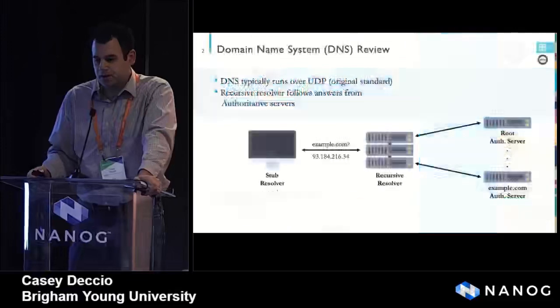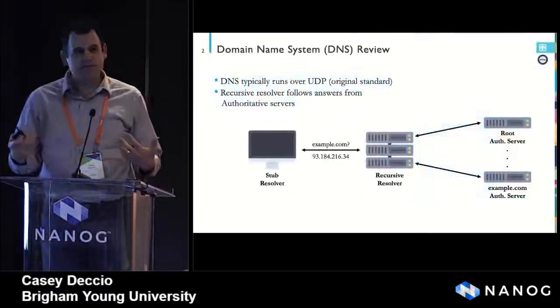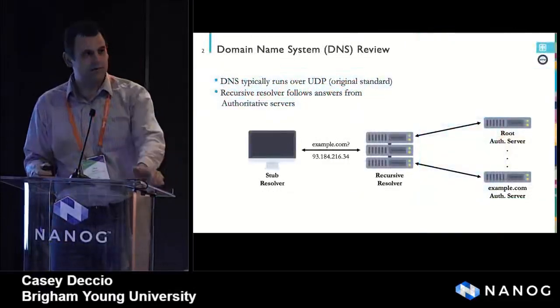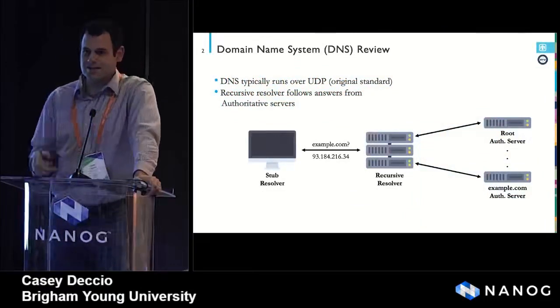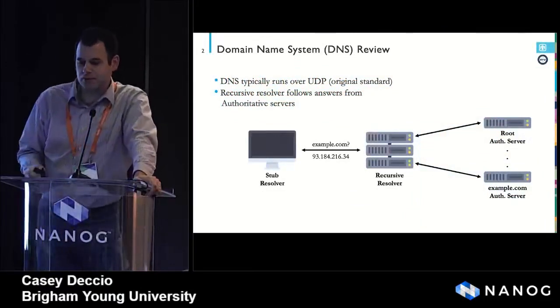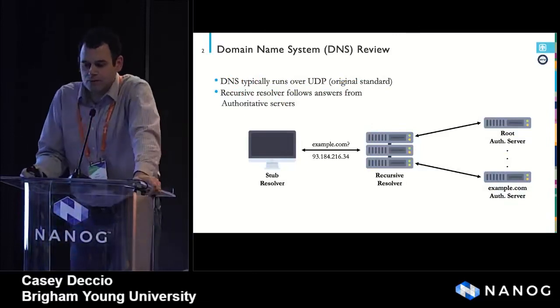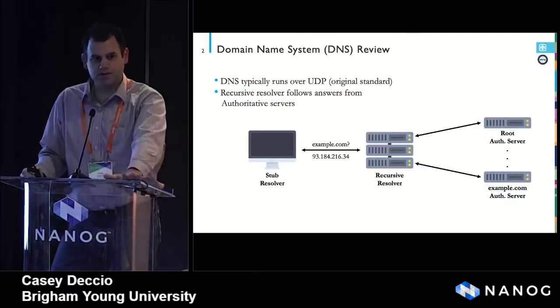Okay, so some of this is going to be a little bit of review, but for those of you that do not work in the DNS every day, this may be helpful, and so we have some visuals to go along with it. Okay, so we have three basic roles in the DNS.